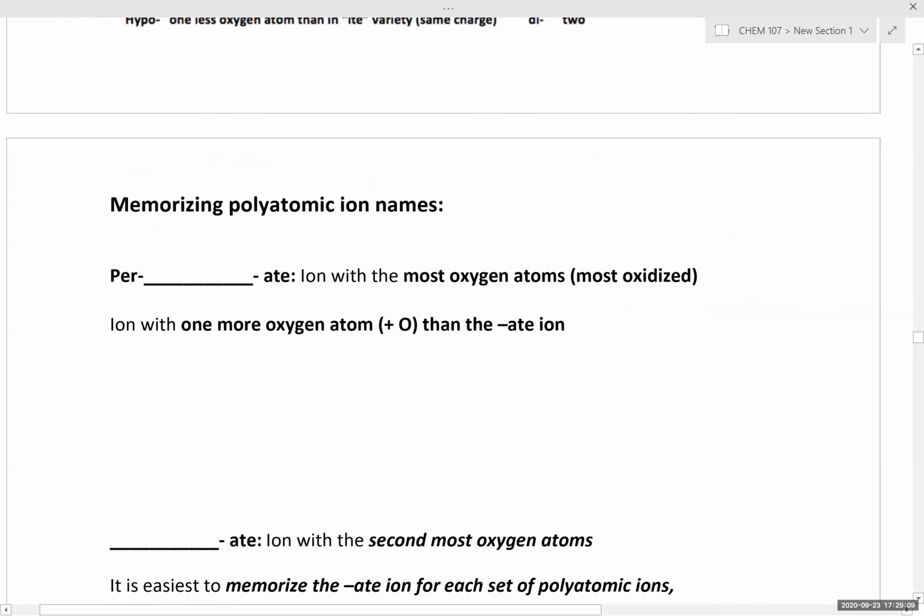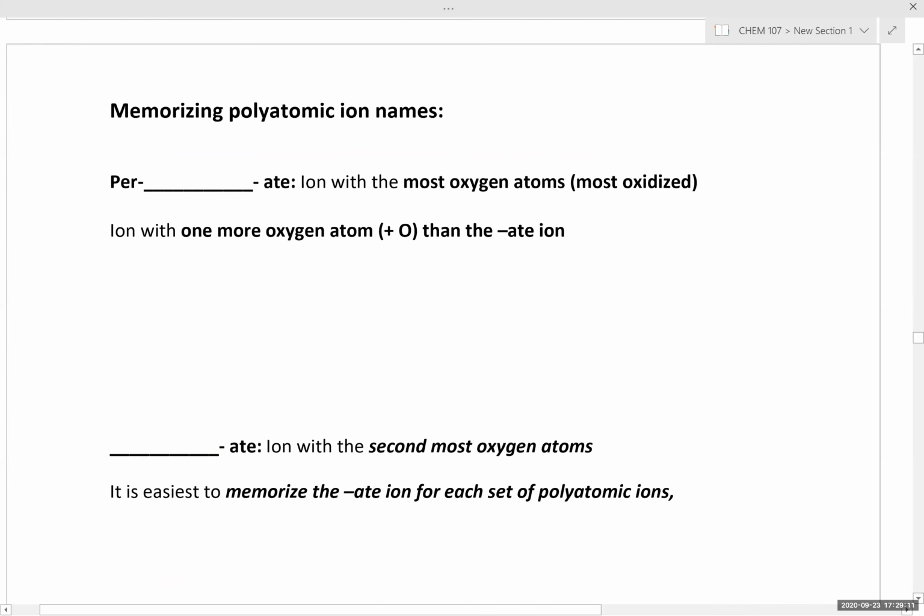Okay, so before we move on, we should talk about some tricks for memorizing polyatomic ion names, as there's a system for naming polyatomic ions using prefixes and suffixes. The per-ate form indicates the ion with the most oxygen atoms.